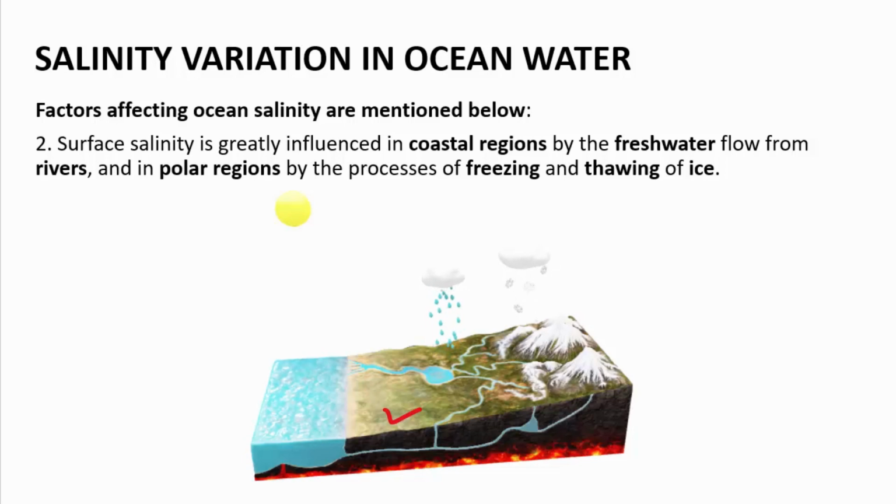Now, of course, it is greatly influenced in coastal regions mainly by the fresh water flow from rivers, and in polar regions by the process of freezing and thawing of ice. That means that when this precipitated water falls on the land, it forms lakes and rivers, and the snow formed in the Arctic and Antarctic regions is also a source of fresh water.